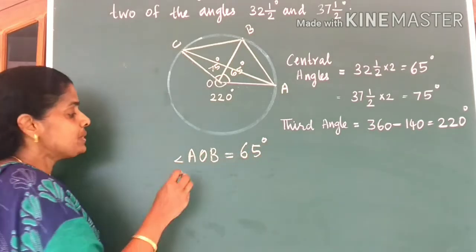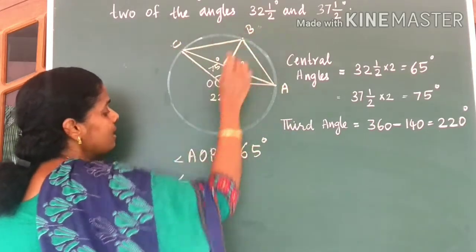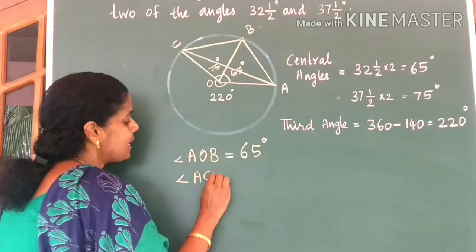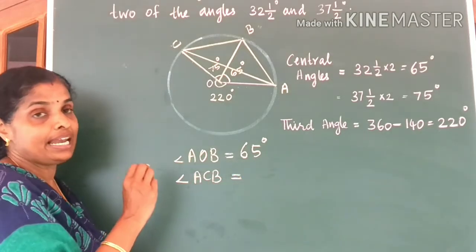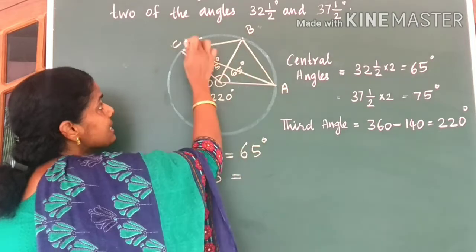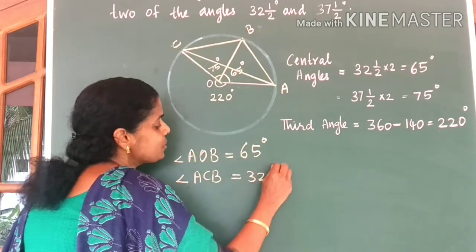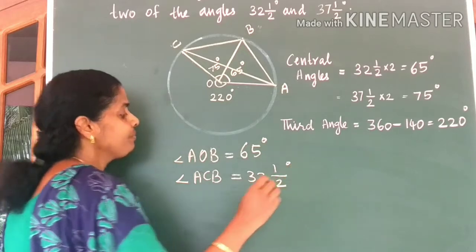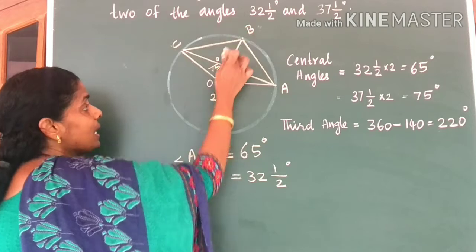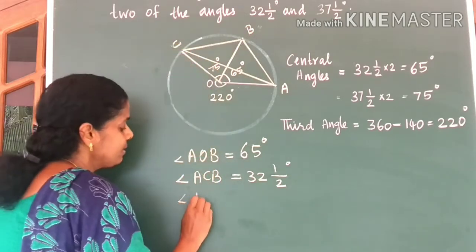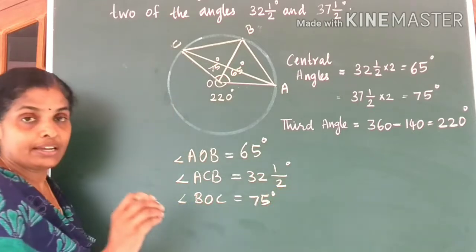So what can you say about angle ACB? Angle ACB would be half of the central angle. So ACB will be equal to 32.5 degree. Similarly, angle BOC is equal to 75 degree.